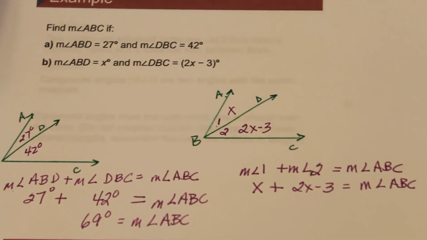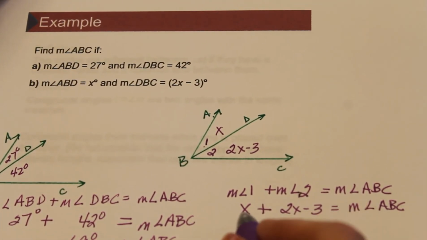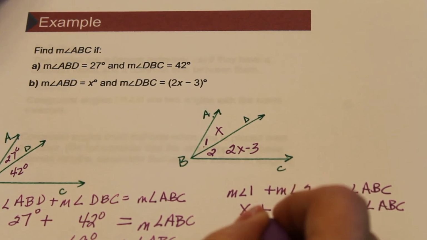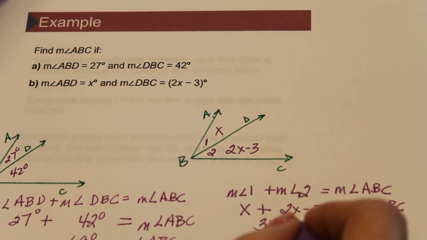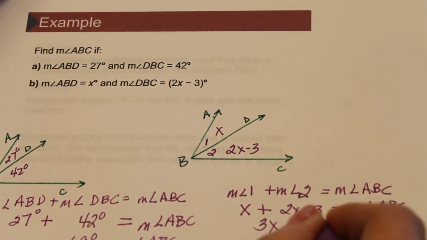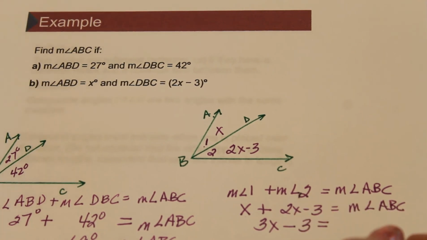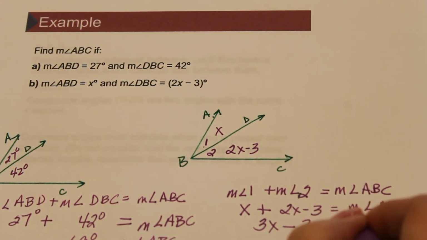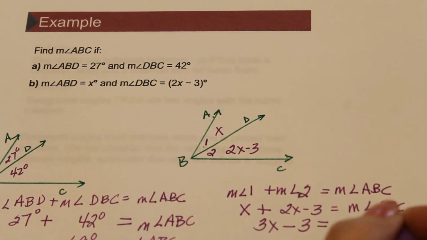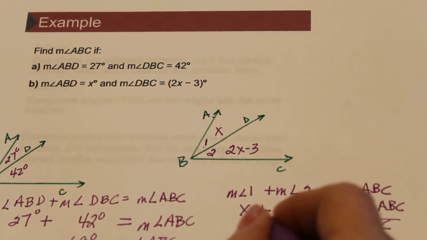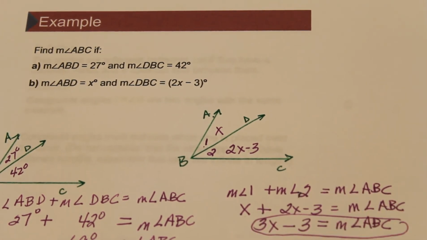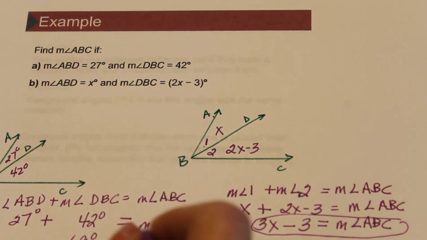So, just doing our algebra here, 1x plus 2x is 3x. Bring down the minus, bring down the 3, bring down the equals, and that's the measure of angle ABC, and that's your answer. We're going to leave it in terms of a variable.